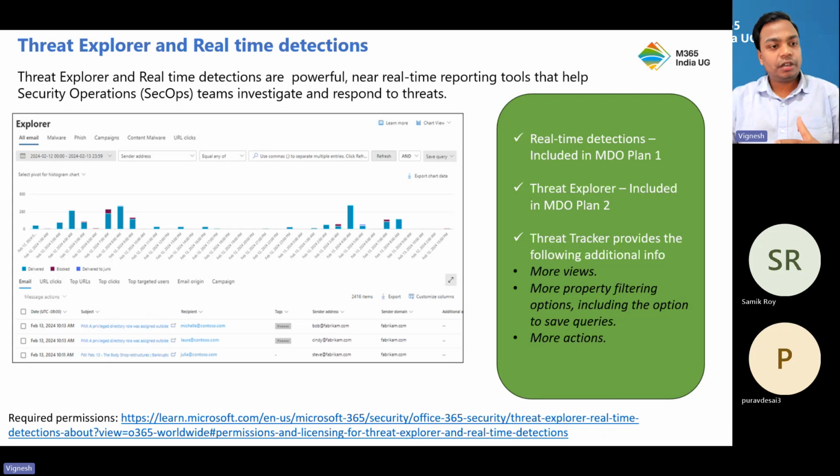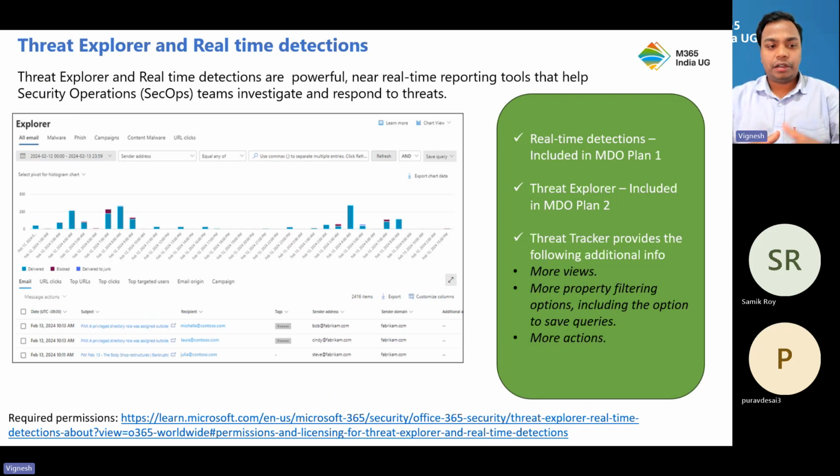Now, there are two pieces here. You have Threat Explorer and real-time detections. What's the core difference here is Threat Explorer is something that you would get with Plan 2, and real-time detections is something that you would get in your Office 365 Plan 1. Both of them offer the same kind of capabilities, but of course in Threat Explorer, you get some more features which are not present in real-time detections.